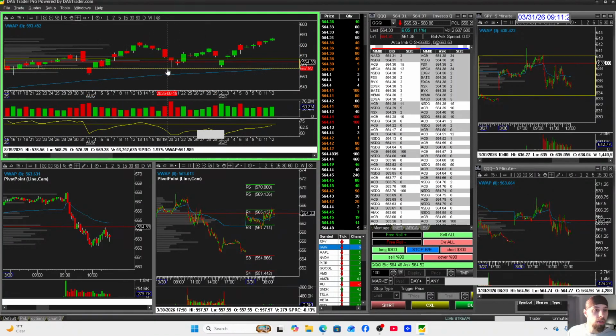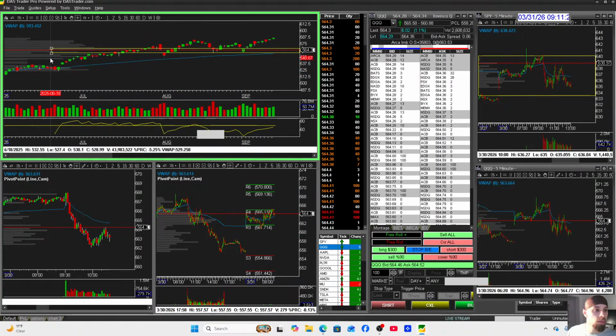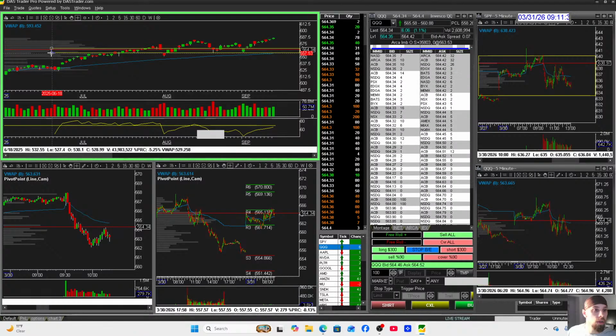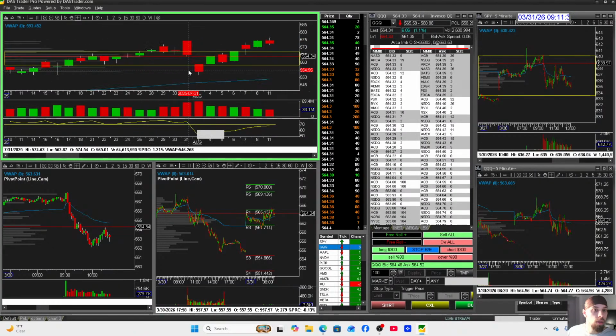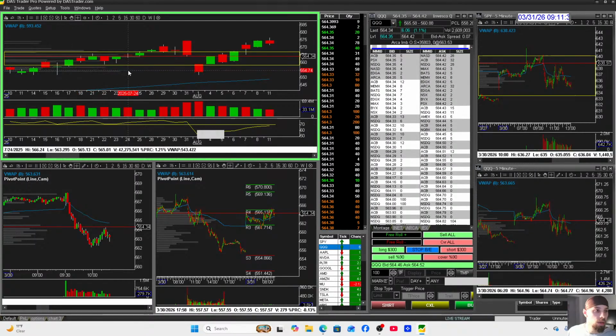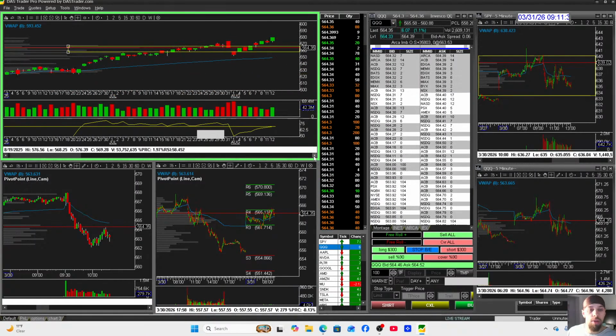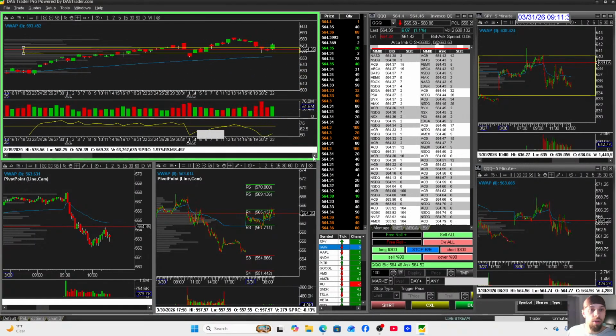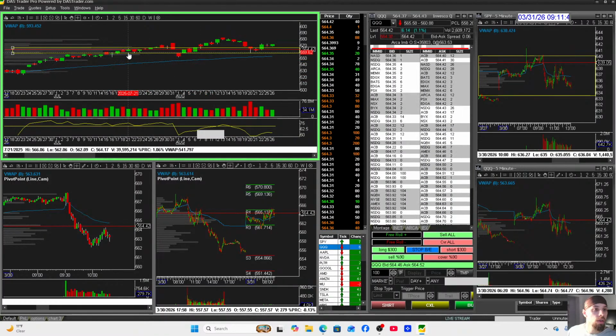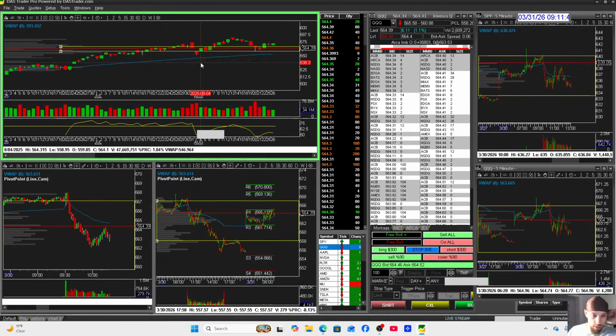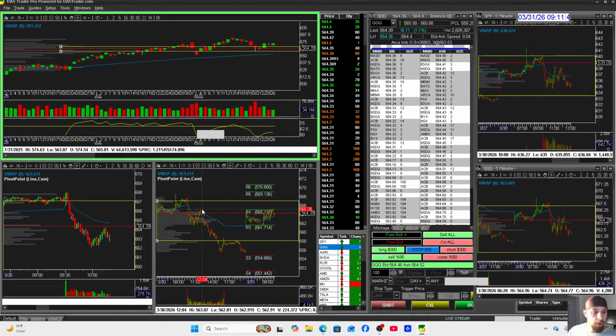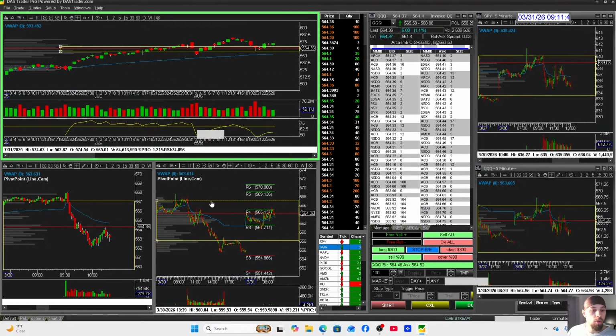Zoom in here, got a couple touch points there, bring that up just a hair. Okay, yeah, that looks good to me. So that's my area of support and resistance here.